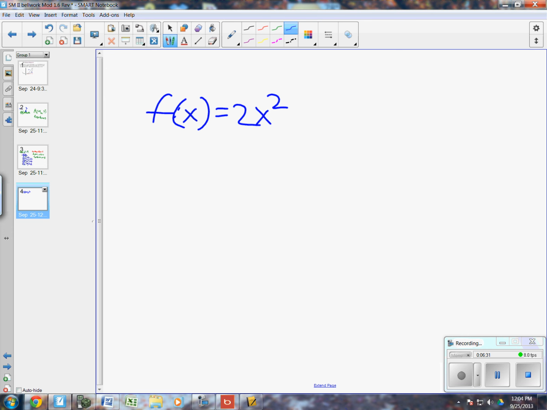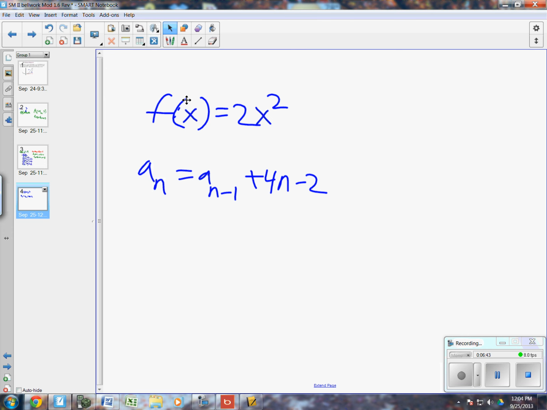This is number 4 on quadratics. Okay. Anybody get that? Some of you guys got that?